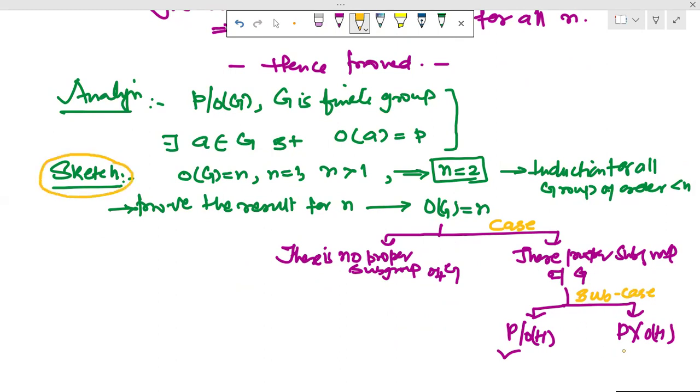In this case, we will use the class equation. So this is the proof of Cauchy's theorem for finite groups. Okay, so this completes the proof.